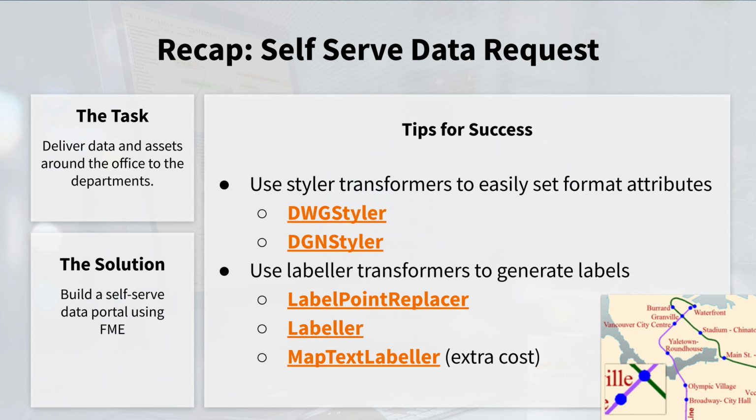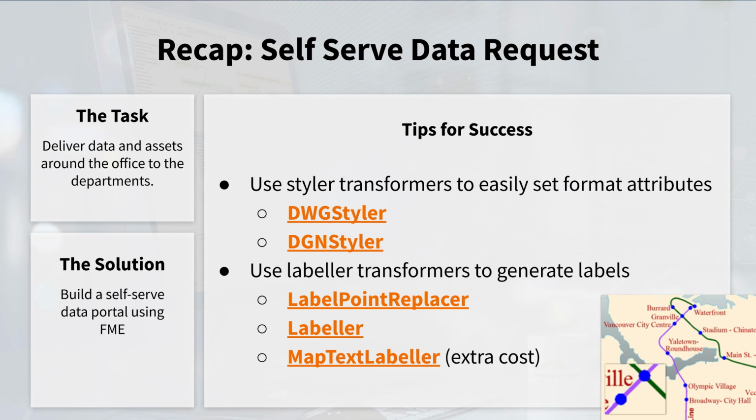Some of the transformers highlighted from this workflow are transformers that style CAD and create symbology. But one of the key concepts in this workspace is really the use of a template DWG to set up my layer symbology. Another point of interest is the georeferencing. As you saw, my trails aligned correctly with the background map. I had retained my coordinate system information from the GIS by writing out with the internal WKT selection in the writer.